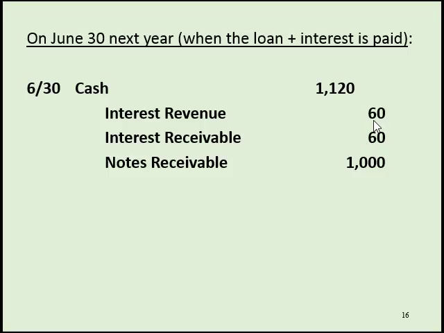We also need to recognize the other $60 in interest revenue that is accrued from January 1 to June 30th of this next year. And then finally, we will credit notes receivable to remove that from the books as well, since the loan is being paid in full.